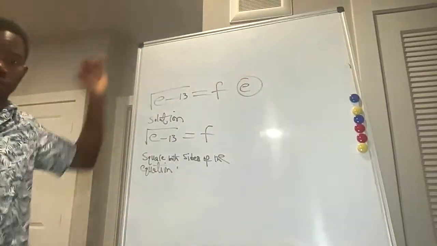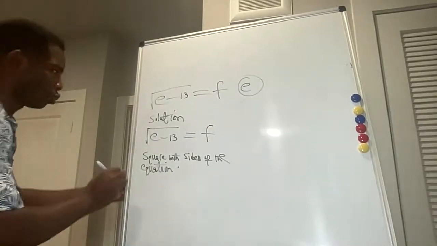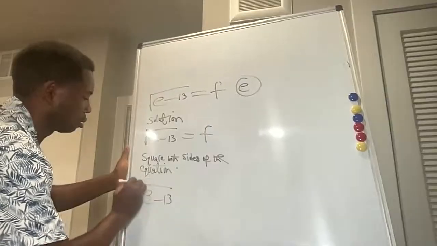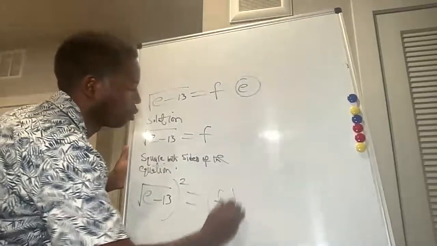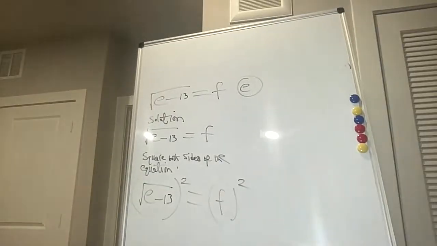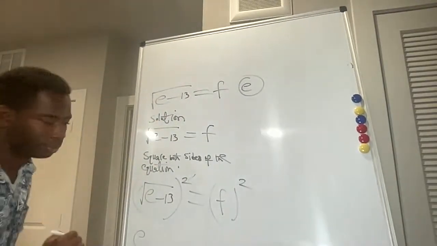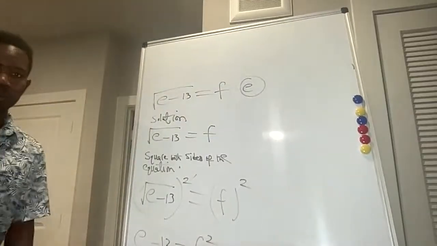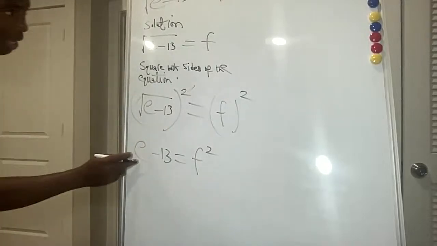Square both sides of the equation. So you will now have e minus 13 raised to 2 is equal to f raised to 2. The 2 cancels the root. We have e minus 13 is equal to f square.